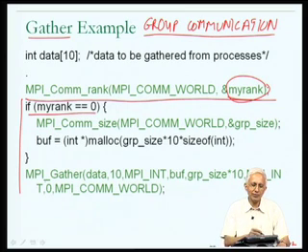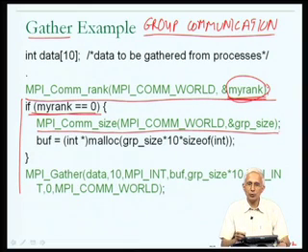So in this example, after all the processes have determined who they are in terms of what their rank is, one particular process which has a rank of 0 finds out what the size of the communicator is. In other words, it tries to find out how many processes this program is running as. So if the program is running as 100 processes, then it will set its variable group size to 100.